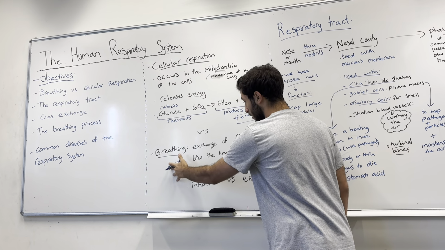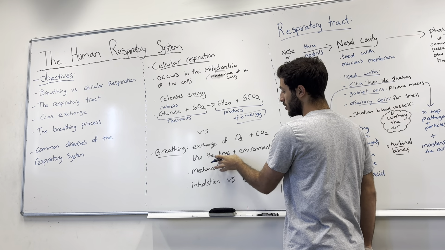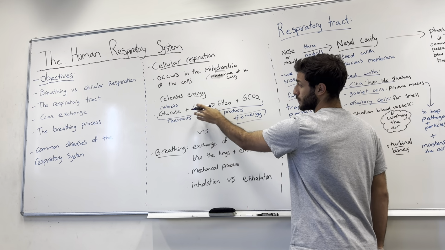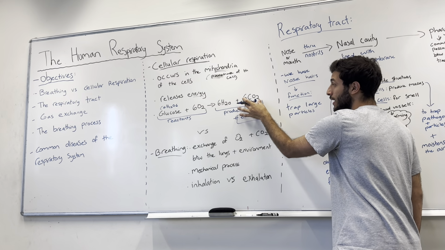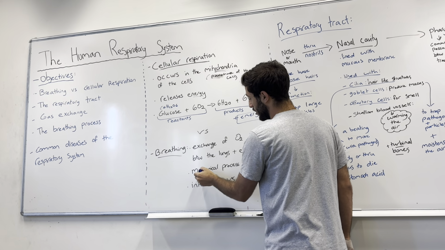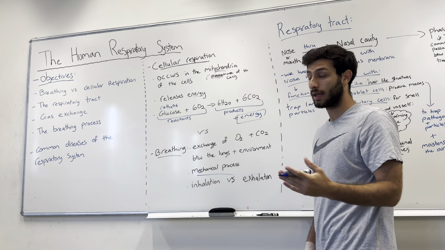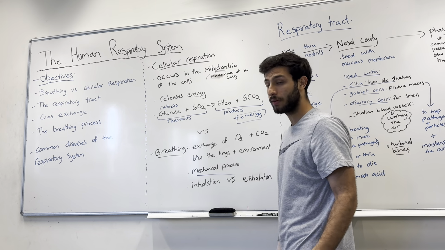So what is breathing? Breathing is the exchange of oxygen and CO2 between our lungs and the environment. We inhale oxygen and we exhale carbon dioxide. Another note about breathing: it's a mechanical process, not a chemical process, and we will look more at it when we talk about the breathing process.